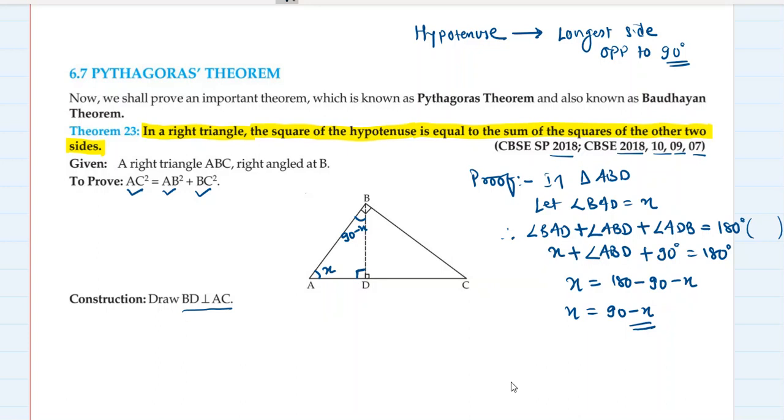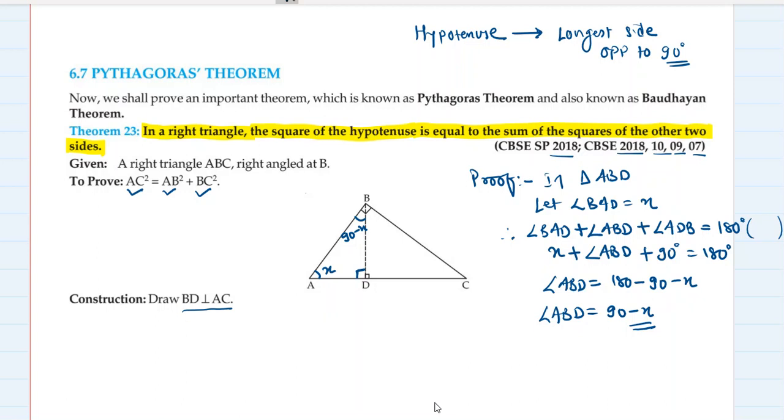Wait, there is some mistake. I should write over here angle ABD, not x. Angle ABD is 90 minus x. So now I know that angle ABD is 90 minus x.